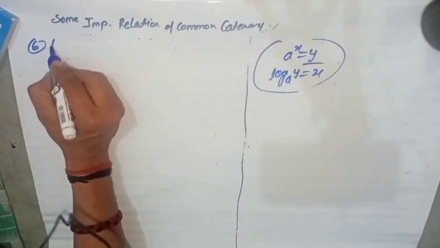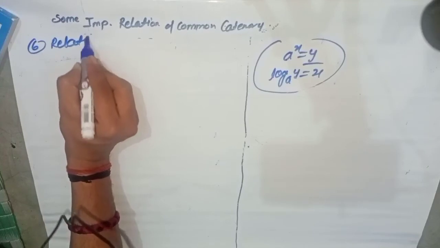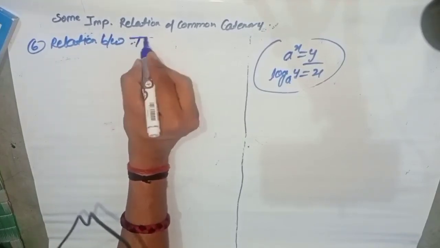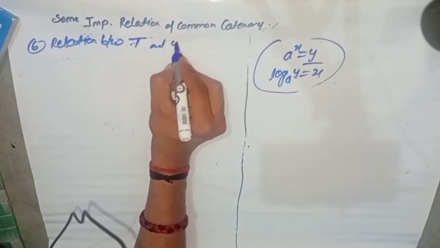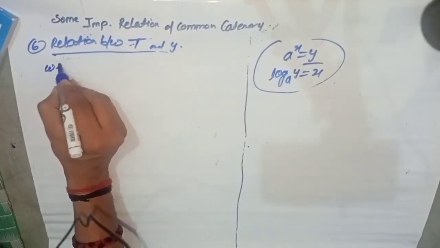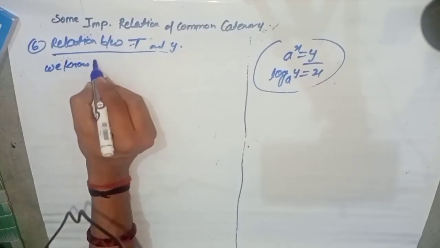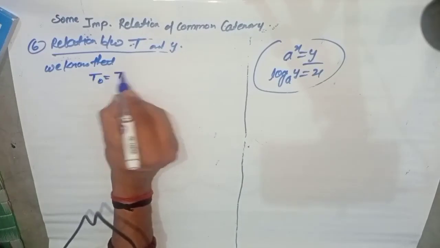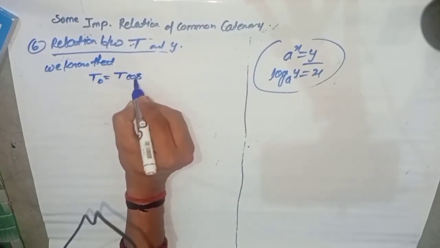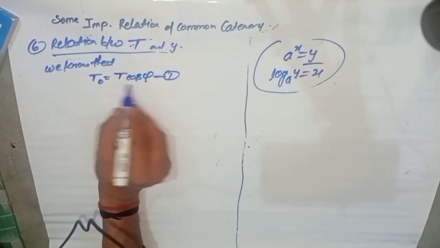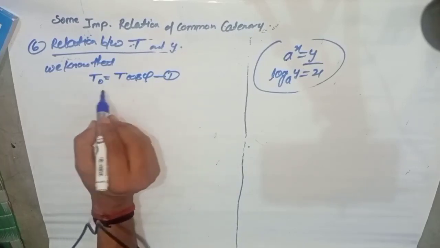Now sixth is the relation between T and y. Now we know that T naught equal to T cos psi. This is equation first. This relation we proved in the first lecture of the common catenary.